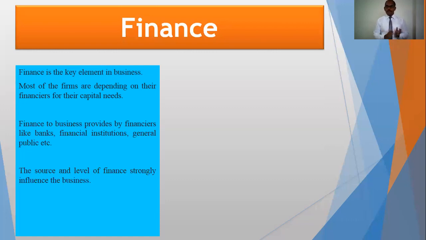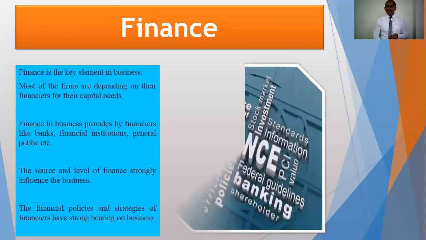Therefore, timely and adequate credit is necessary for achieving success in any business. So a change in financial policies or strategies will influence the business. Take an example here. When banks want to provide more loans, it will have a favorable impact on the business. When banks want to provide very few loans, it will affect the business badly.